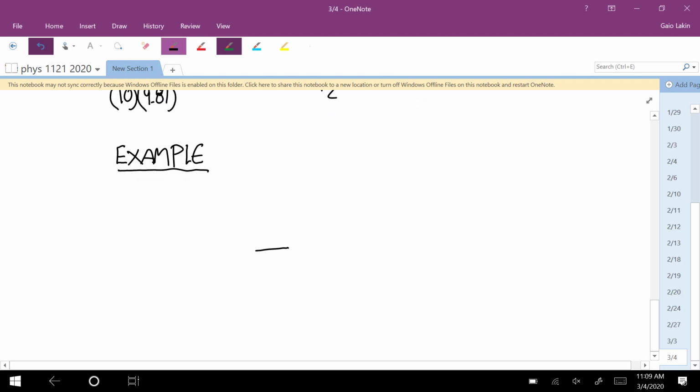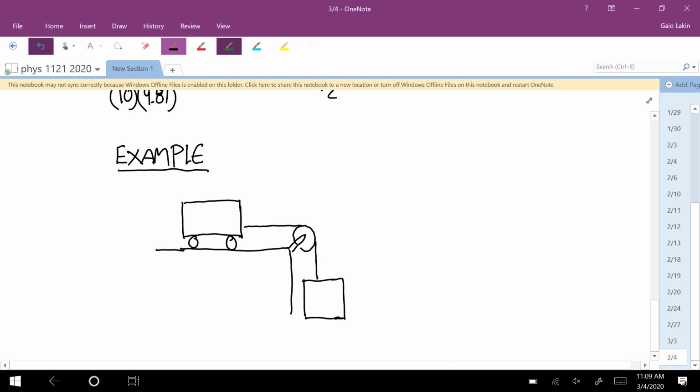So let's say we have, let me do it this way. We have a pulley here and a rolling cart on the flat surface. And let's say that the mass of this is 2 kilograms and the mass of this is 1 kilogram.